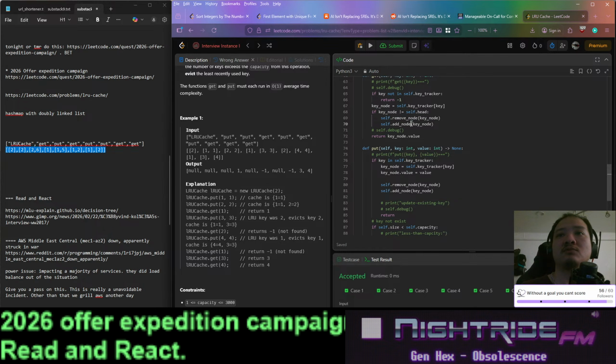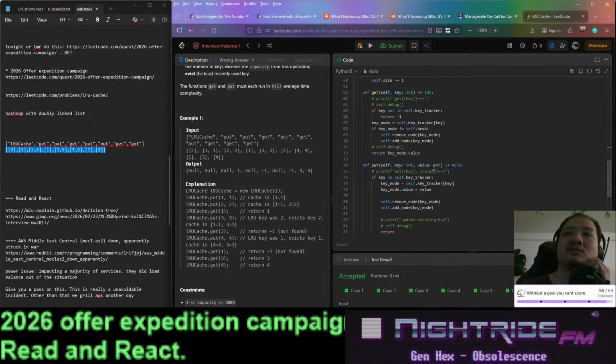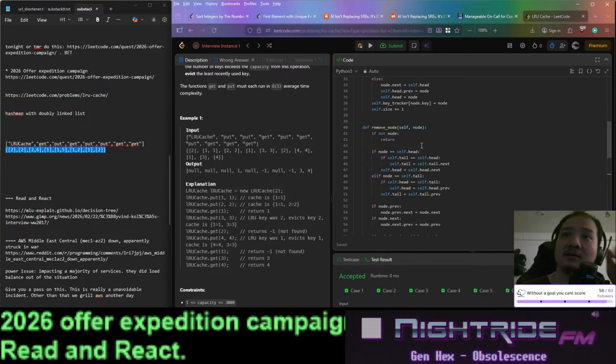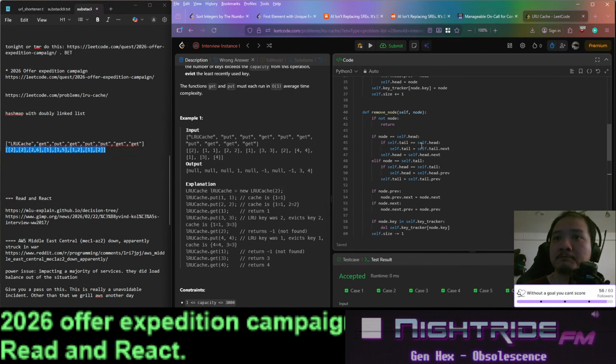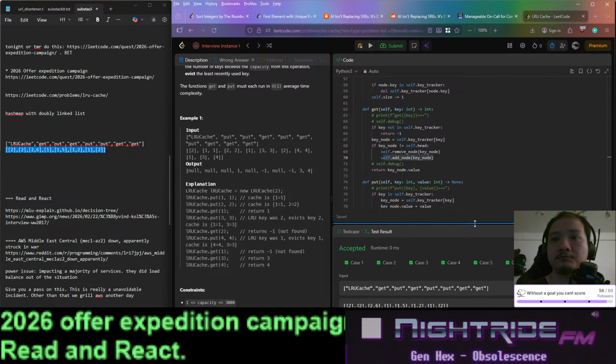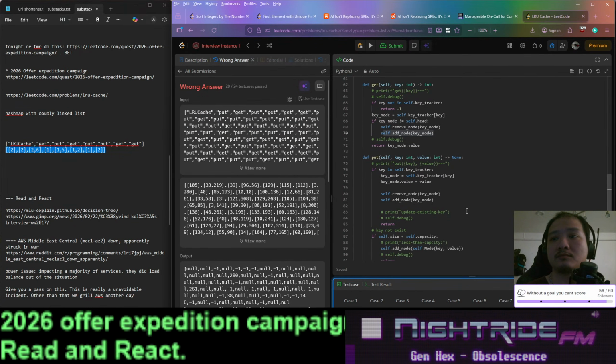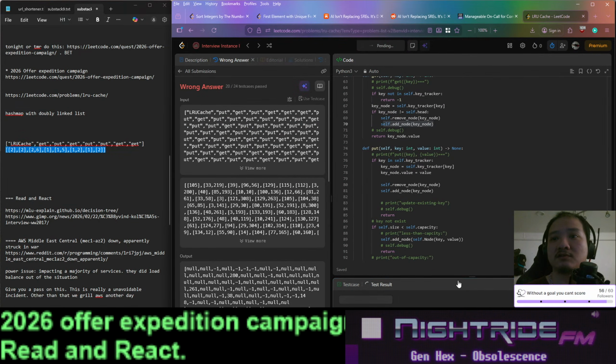So remove when it's the tail and make it become the previous. Good. And then add it back to the front. Right? I don't see anything wrong here. Just want to confirm that all the cases that we thought of are working first. Run this.